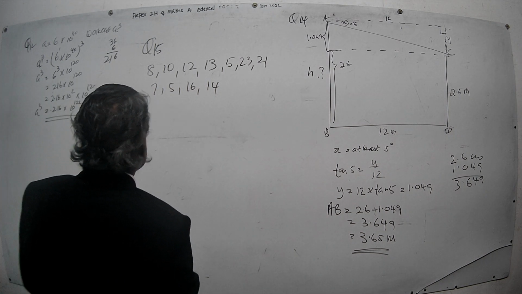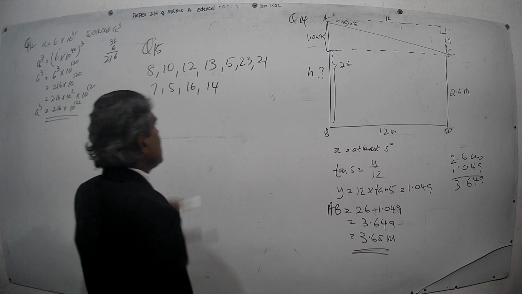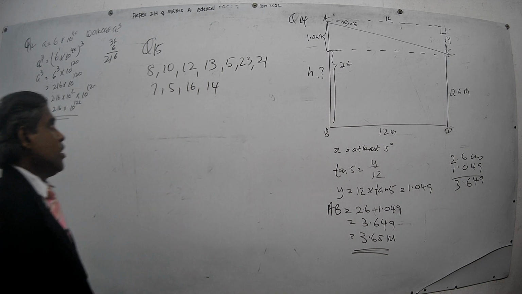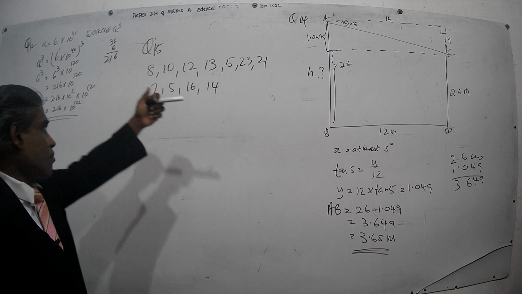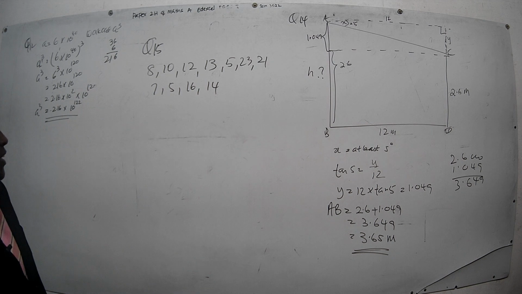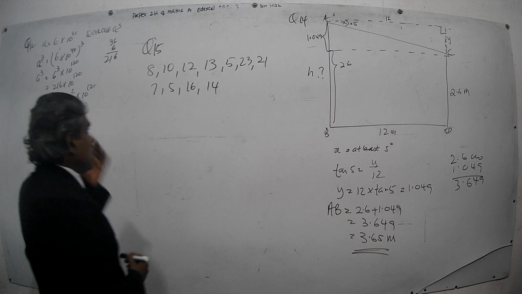First of all, to find the interquartile range, when you are given this raw data, we have to write the set of data in ascending order. Ascending order means starting from the smallest.